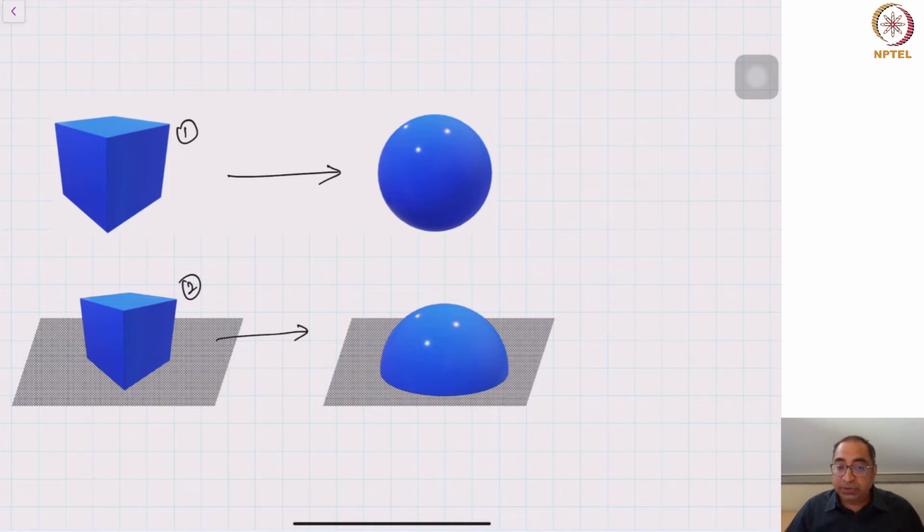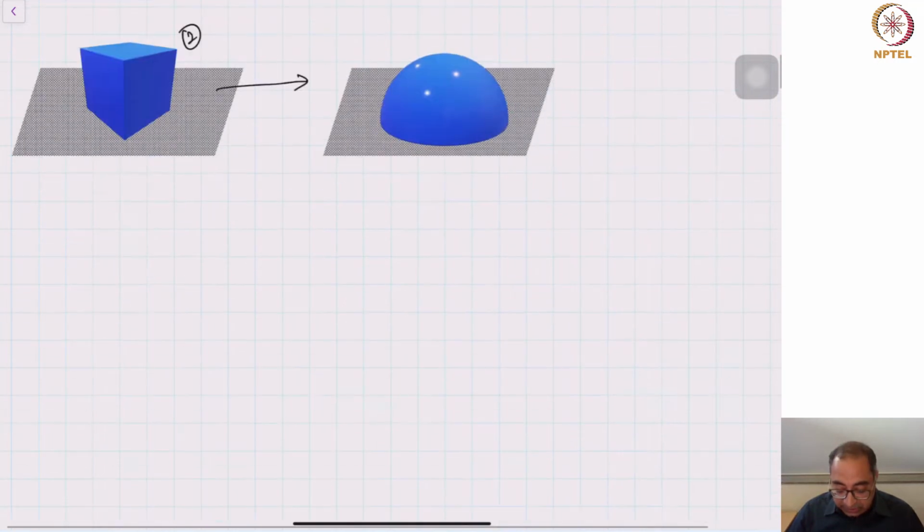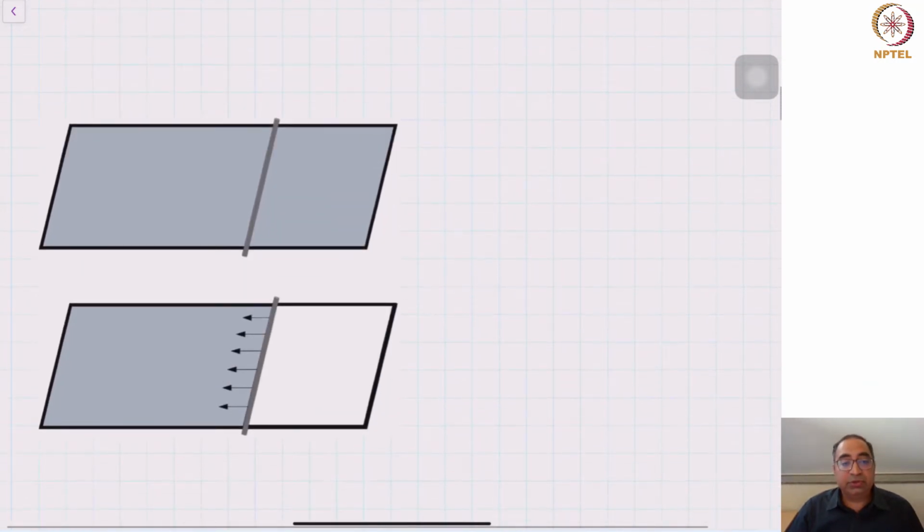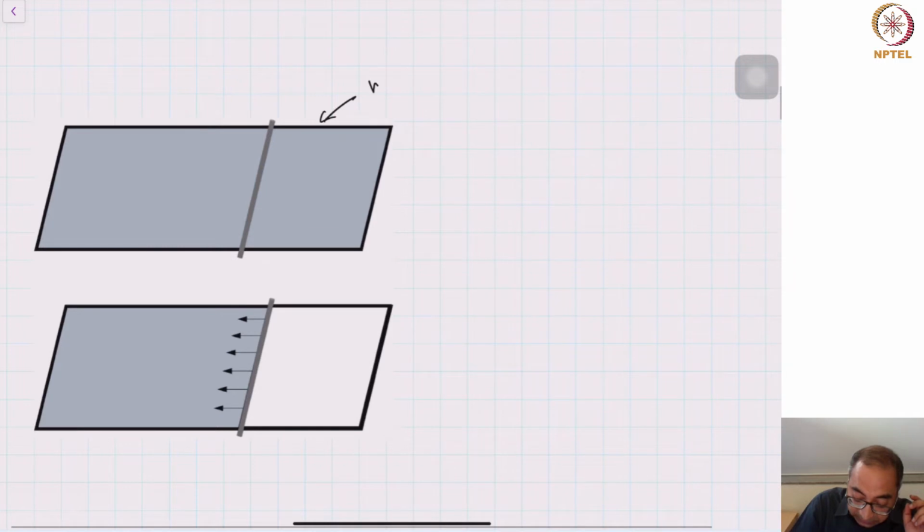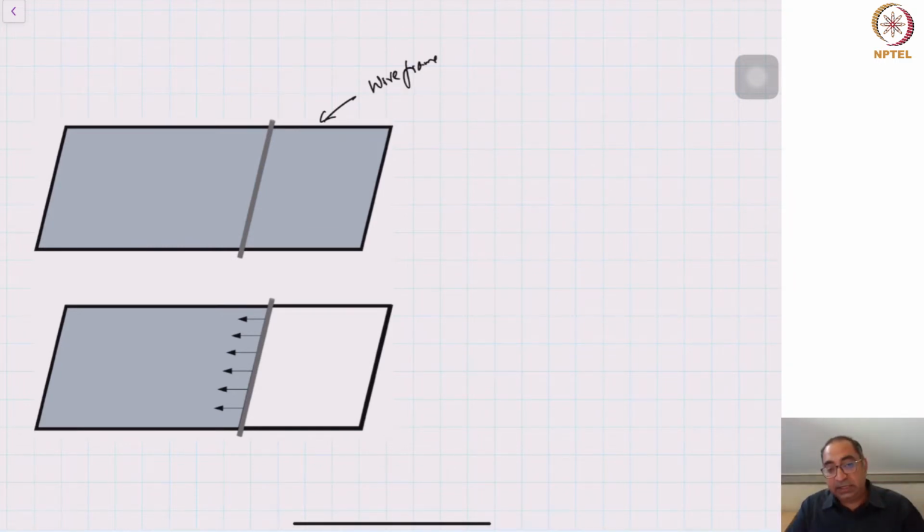Now we can also do some experiments, and we will see some of these later in the course. For example, here I'm showing you two illustrations. In the first figure, what you see is a wire frame that is shown in black. I'll call this the wire frame. You can take any wire frame and make it into some kind of a rectangle.